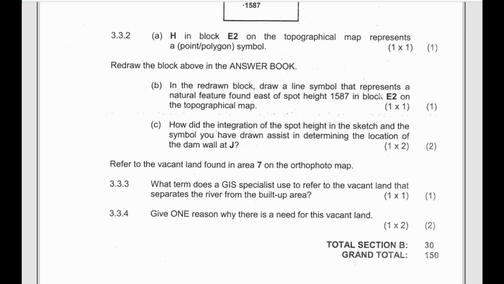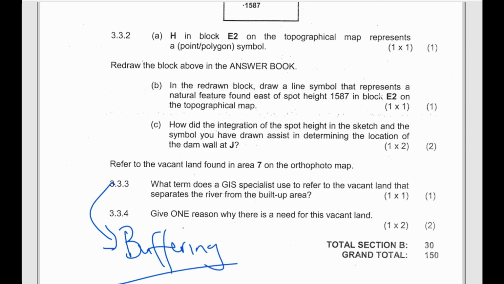Then the next question says, refer to the vacant land found in area 7 on the orthophoto map. What does a GIS specialist use to refer to the vacant land that separates the river from the built up area? Right, whenever you find that there is a vacant land which is between a built up area and a river, the geographical term that we use to describe that is what we call buffering. We buffer rivers to protect them from pollution activities by humans.